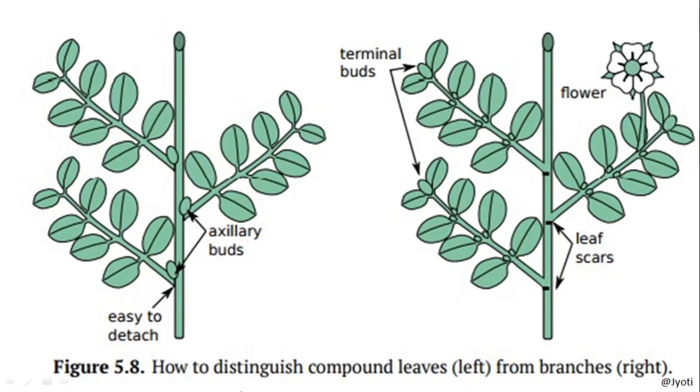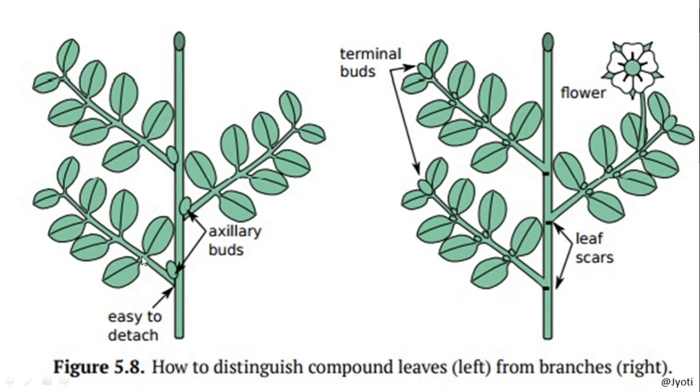So here you can see the difference between the compound leaf and branch. This is a compound leaf, and this is a branch. They are almost similar in appearance, but how can you distinguish? Here you can see this is a leaf, this is the rachis.